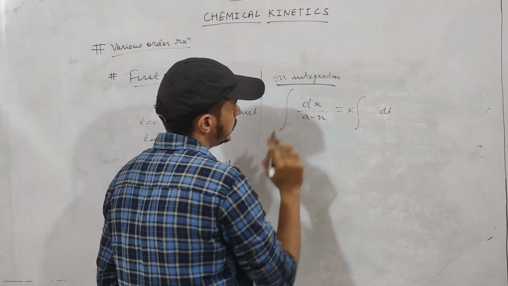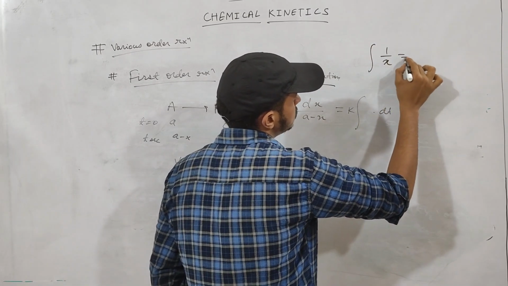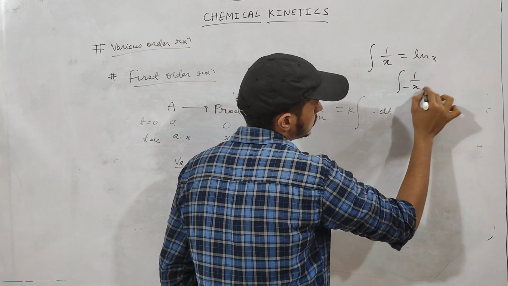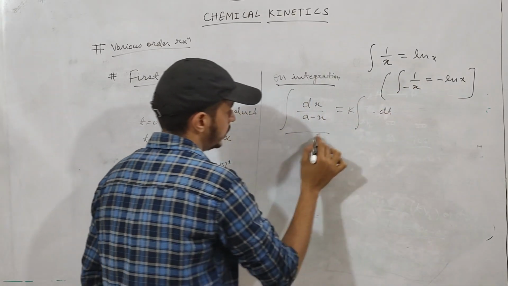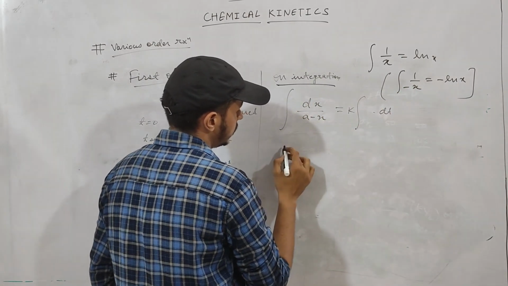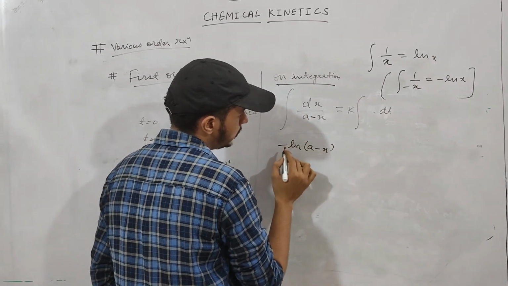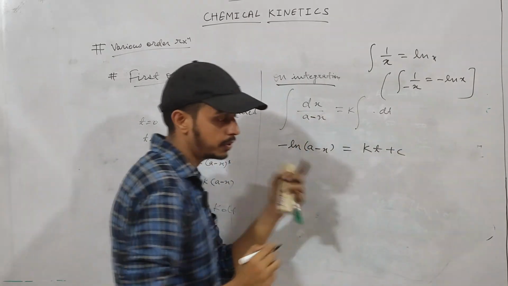So now we will integrate this. You should know that integration of 1 upon x is ln x, and integration of 1 upon minus x is minus ln x. So we will use this property here. So this integration will become minus ln A minus x. This negative of x will come here, and here kt plus c constant will come.